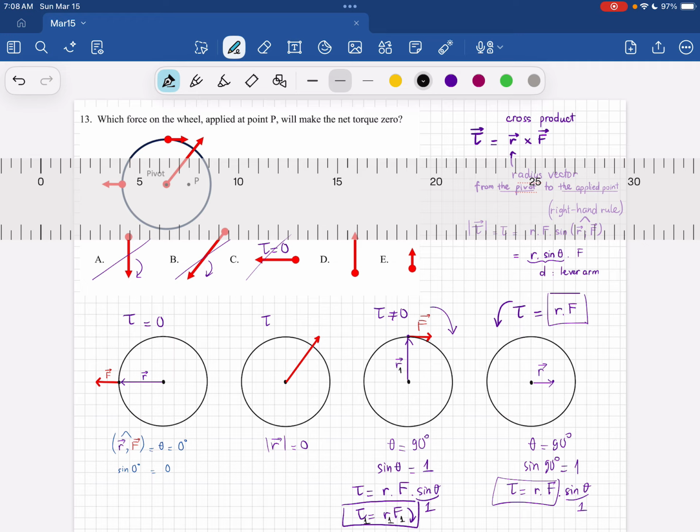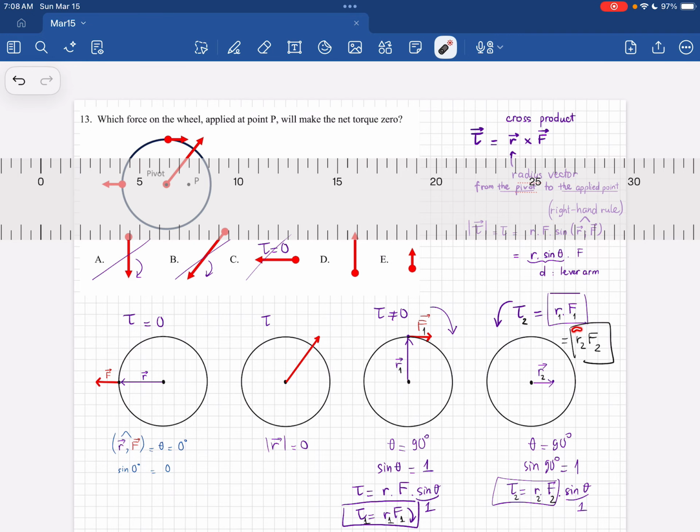So this is R1, this is F1. This is also R1, this is F1. We know that we want torque 2, which also equals R2 times F2, because this is what we find from here. This is torque 2, R2, F2, this is the R2. It should be equal to this one.